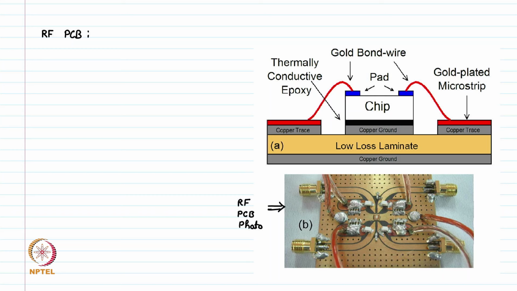In the center we have this silicon chip, which is acting as a power transistor, and how it is put on this PCB is shown in the above figure. We have this low loss laminate in the center. On the bottom we have this copper ground plane. On top we are making these traces. These are copper traces. They are like microstrips.